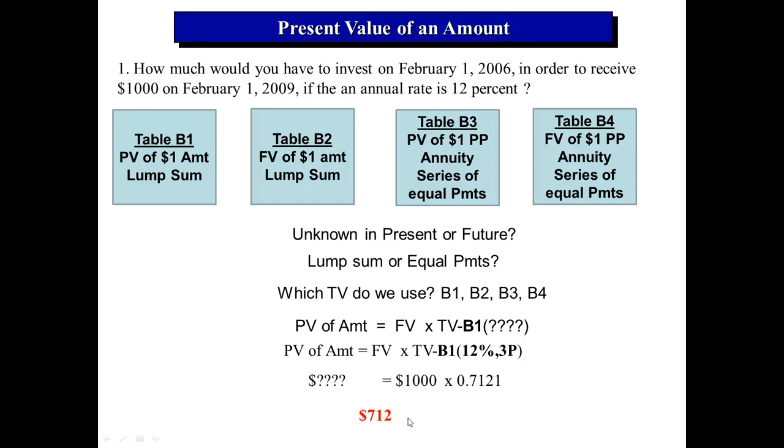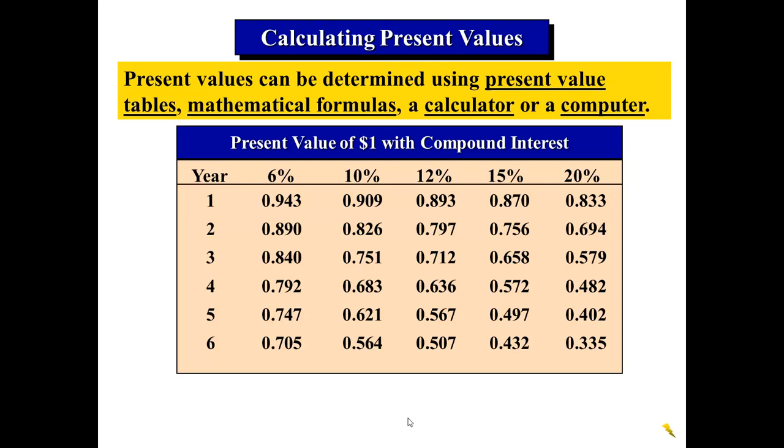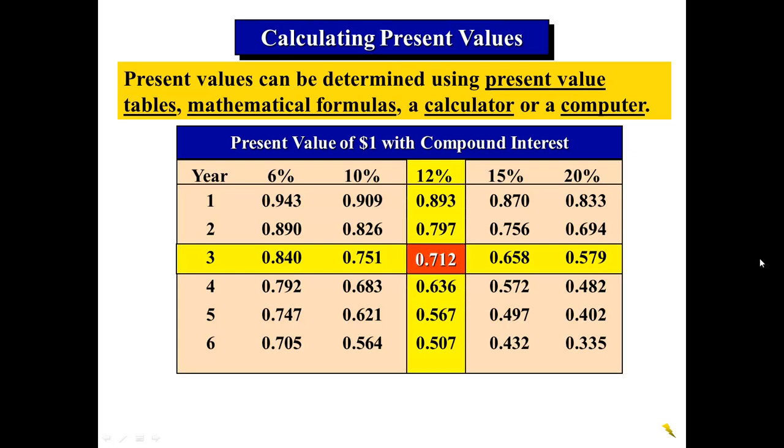Let's take a look and see how I computed this on this table. The first thing I did was I said I'm going to look at the present value of an amount table, and I'm going to look at 3 periods, and I'm going to look at 12%.